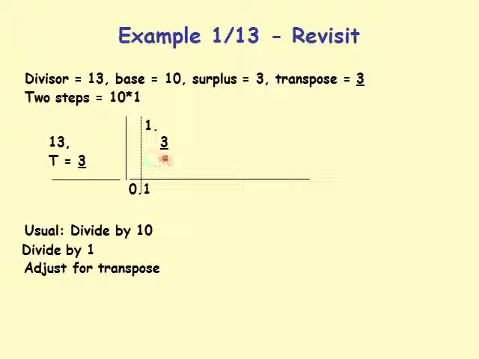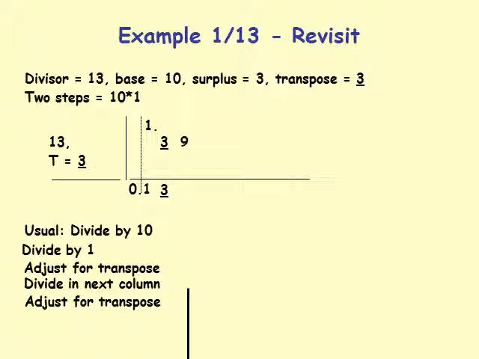Okay, now divide in the next column. So negative 3 divided by 1 is negative 3. Next, adjust for the transpose, and that gives me plus 9. If you divide 9 by 1, I get 9, remainder 0.